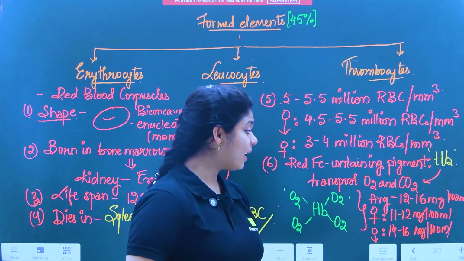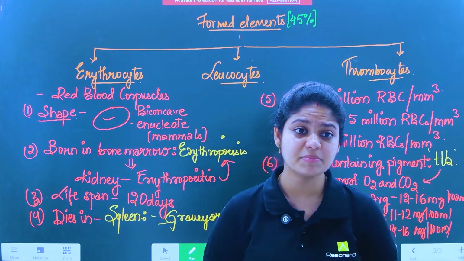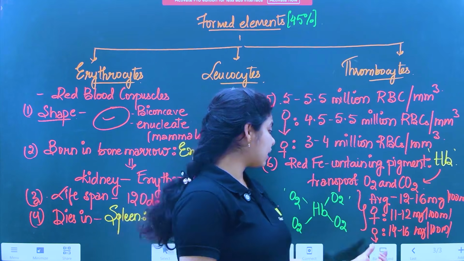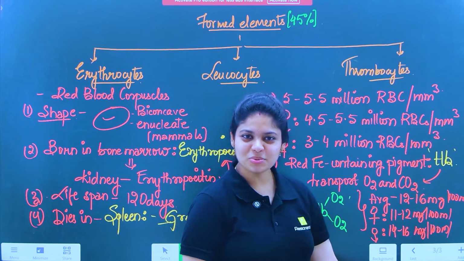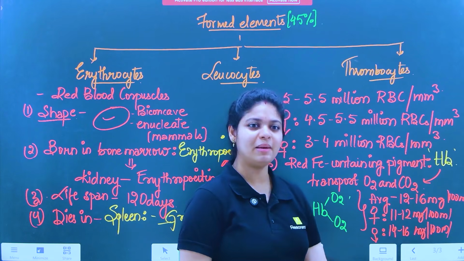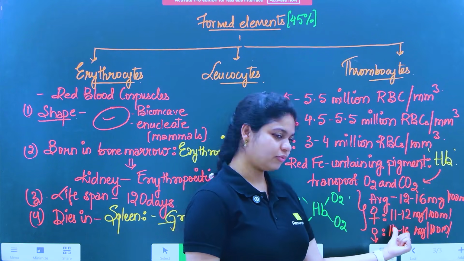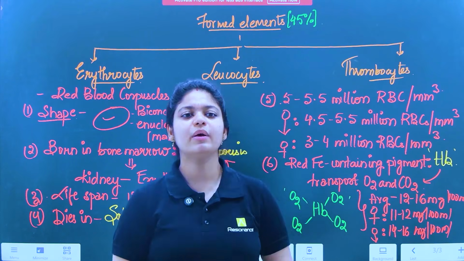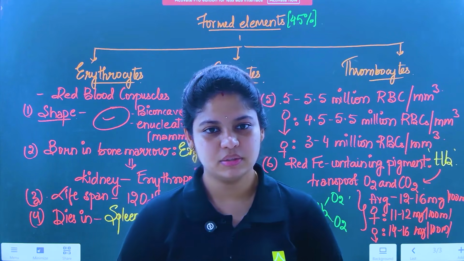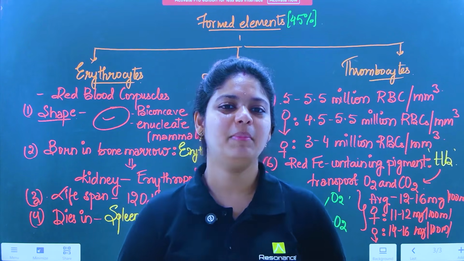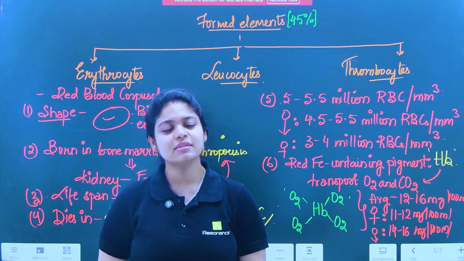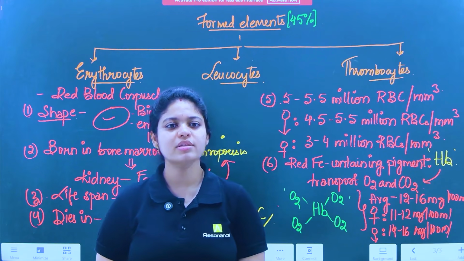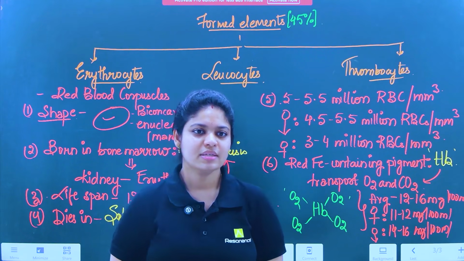In case of male, it is 14 to 16 grams per 100 ml, and in case of female, it is 11 to 12 grams per 100 ml, right? Why in case of female it is less? It is less in case of female because again of the menstrual cycle.